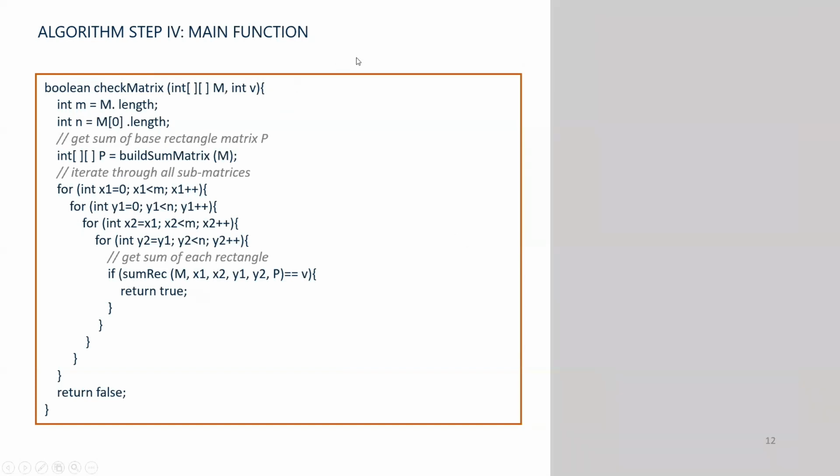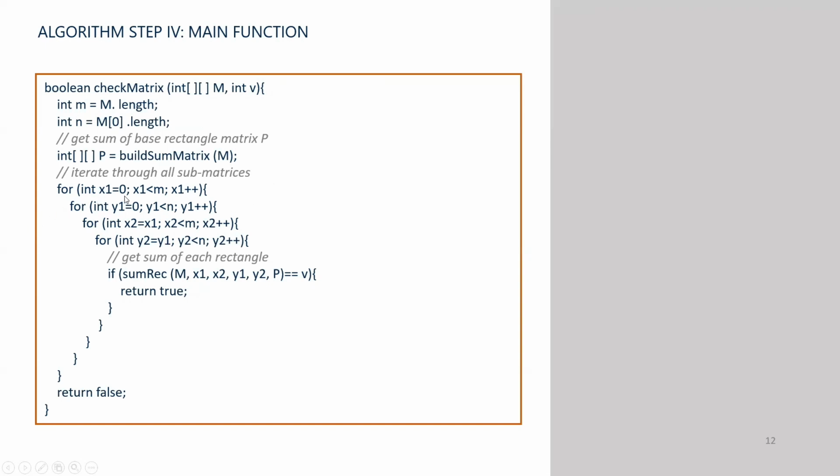Finally, the main function, check matrix. M is the M dot length, N is M[0] dot length. Firstly, we get sum of the base rectangle matrix P by calling the previous function build sum matrix M. Then we iterate through all submatrices.